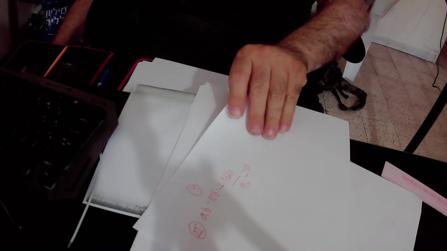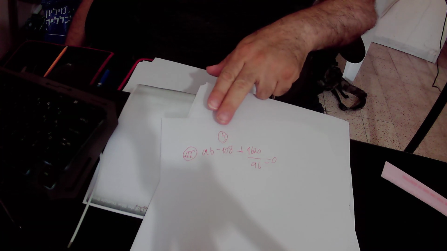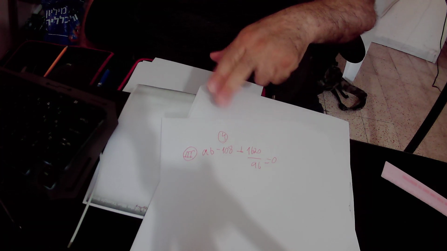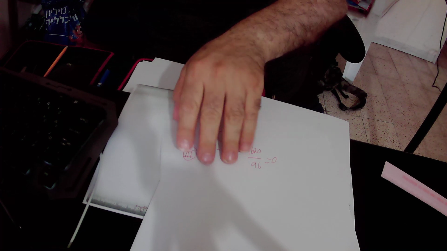Now we can multiply both sides of the equation by AB.